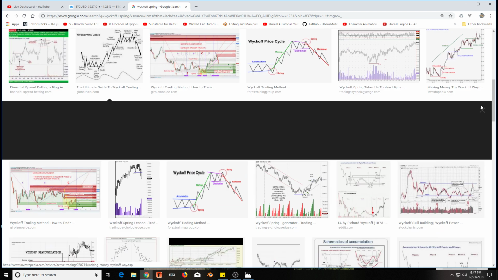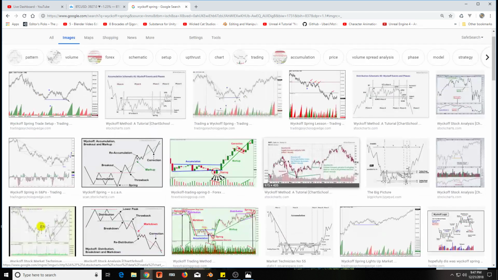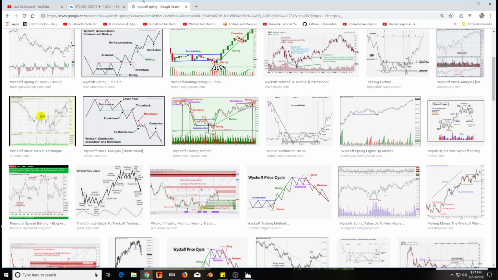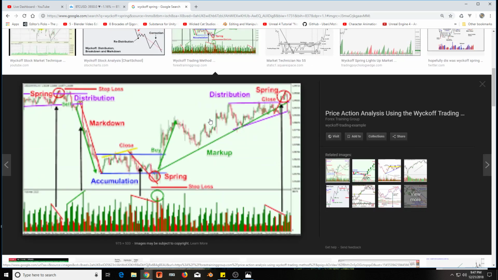Anyway, interesting stuff. You can see here just a ton of images. So I thought you guys would find it interesting that I think we are either at the bottom or very close to being at the bottom. What the price is, I don't care. I think we're there pretty soon.